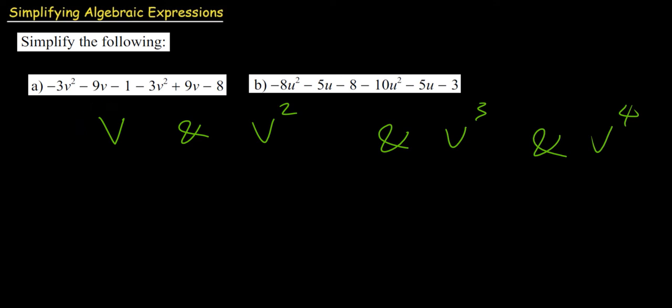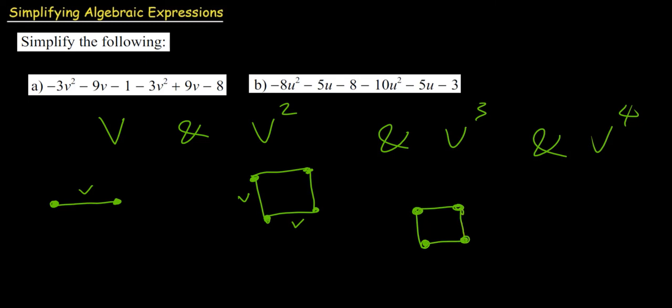So v could be just a length. V squared creates an area. V cubed, well, we've got v squared, creates another length.